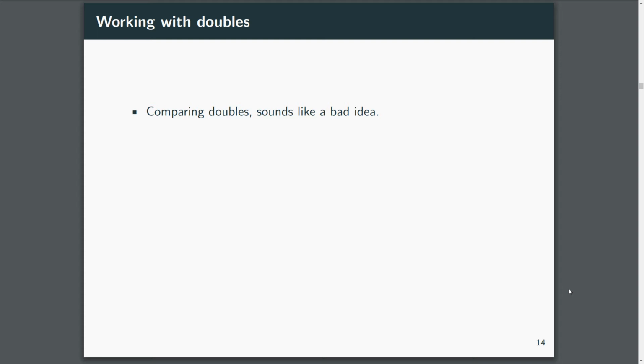Okay, so when you're working with doubles, comparing them directly can be problematic because you have these errors in precision that come from just using arithmetic operations.